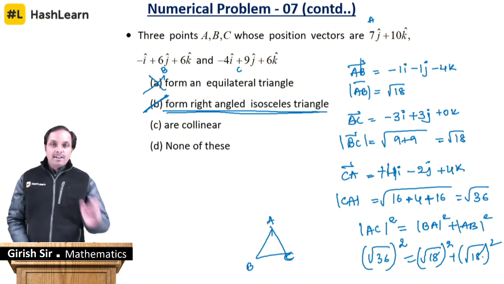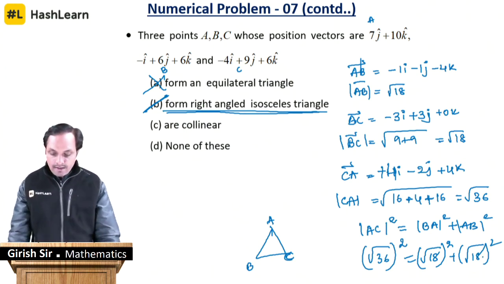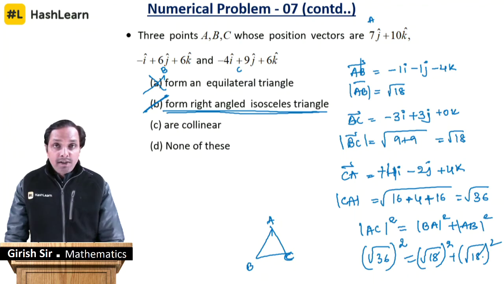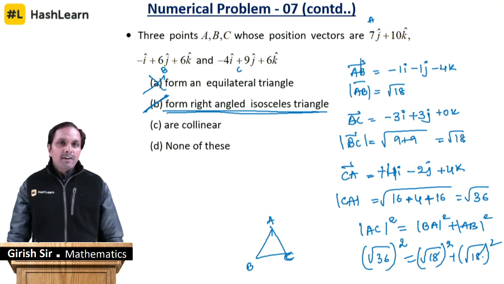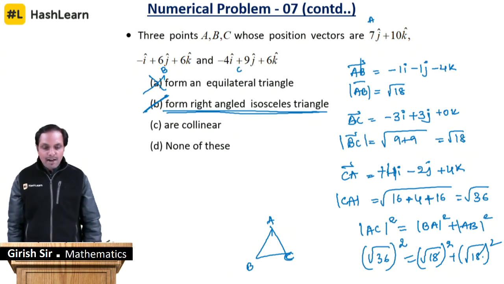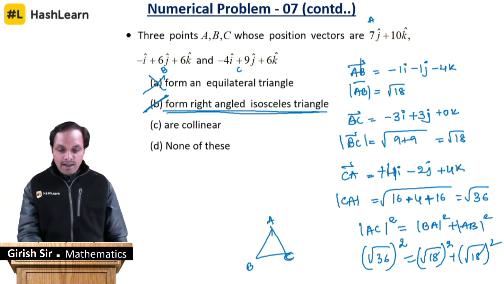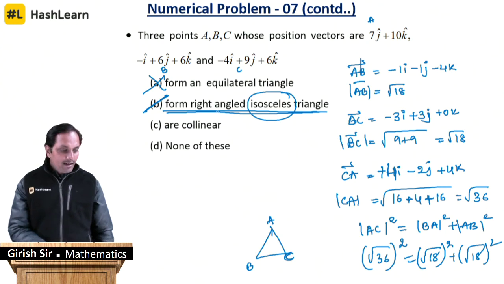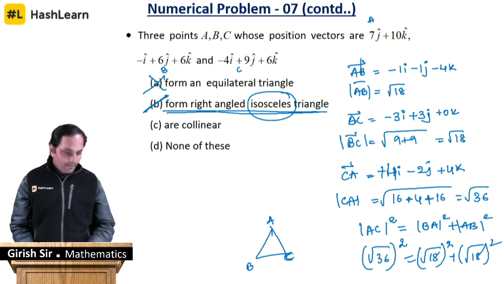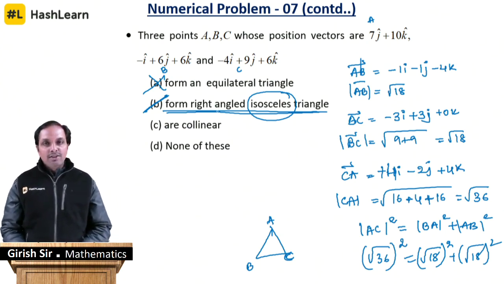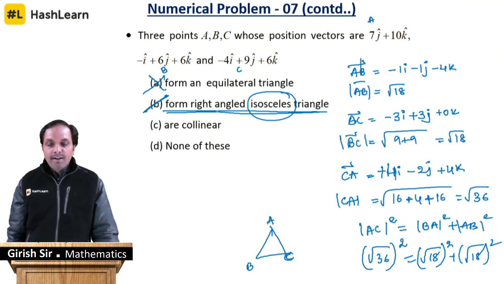So when you add both, 36 is equal to 36. You know that right angled properties, hypotenuse always bigger square will be equal to sum of other two squares. So that property यहाँ पे match हो रहा है and दो sides equal है, तो इसलिए isosceles triangle है और right angled triangle भी है, because it is obeying the Pythagoras theorem. Bigger part square is equal to sum of other two squares.